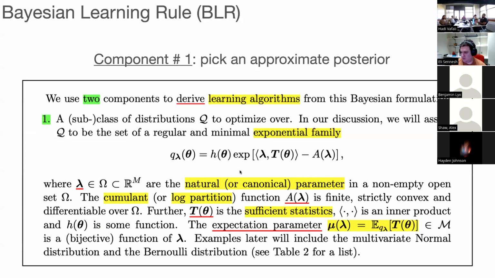This is the standard textbook exponential family definition. So that's their starting point for the approximate posterior, and they say that examples later will include the multivariate normal distribution and the Bernoulli distribution for Q. So they actually narrow it down later.